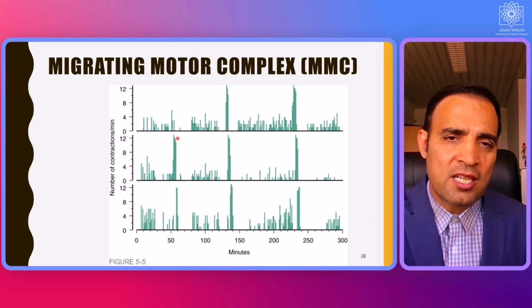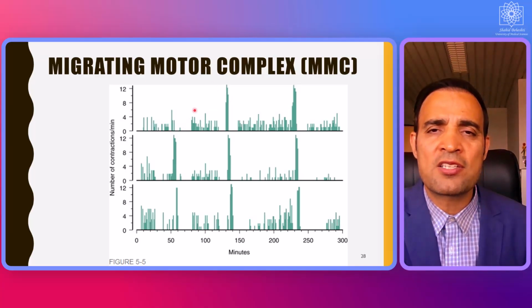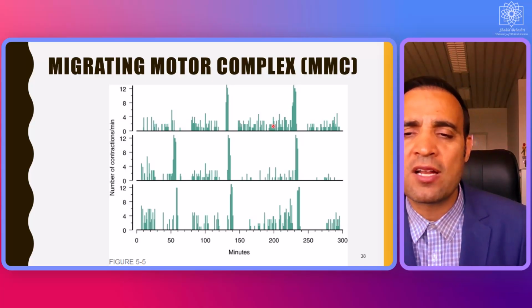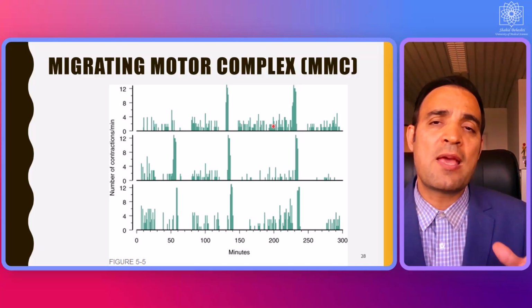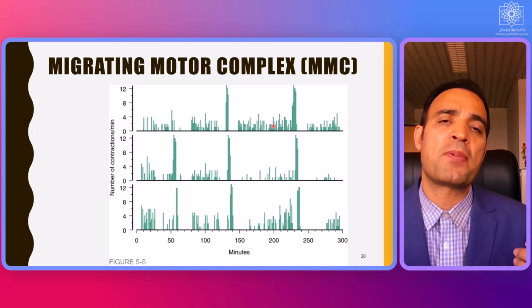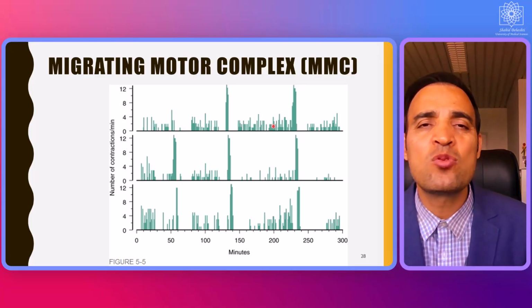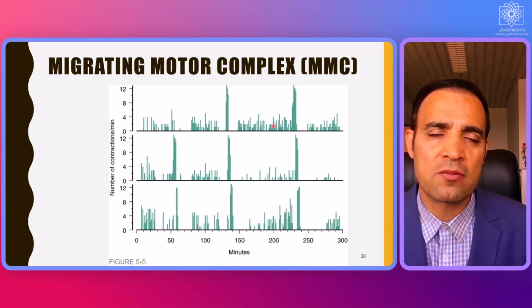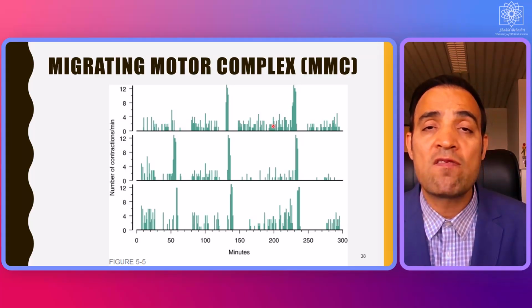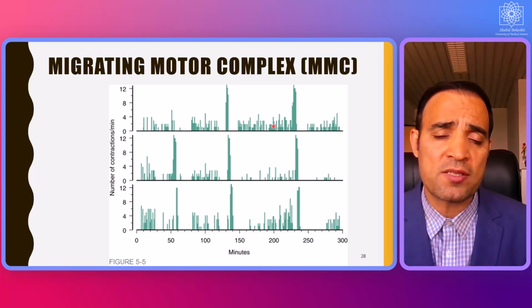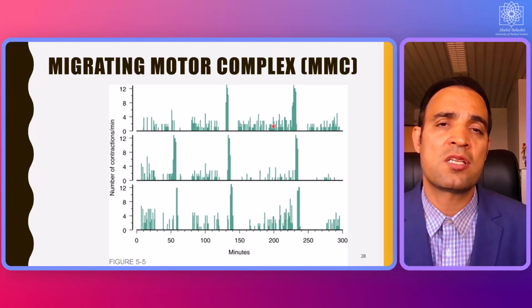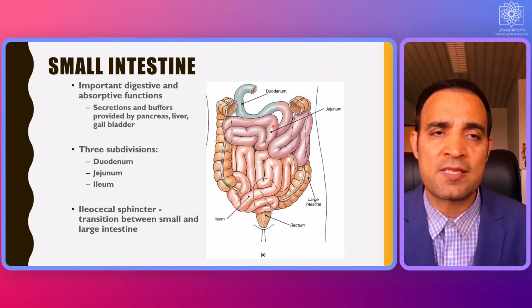These are contraction, and then relaxation, and then another phase of contraction and strong contraction again. And this will happen several times over time. This MMC movement is not because of the presence of food. It happens to clean the content of the gastrointestinal system. And one hormone that is involved in this process is named motilin. This hormone is involved in the regulation of MMCs.